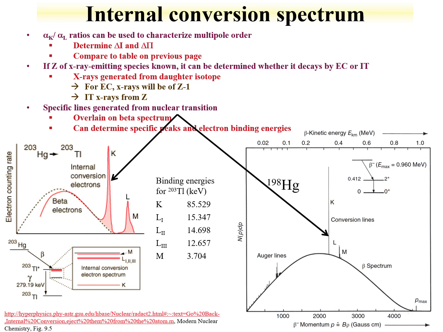And if we look back on the chart on the previous page, if we know something about the K to L ratio, we can figure out information about the multipole order. So that'll give us information on change of spin and change of parity involved in these processes.